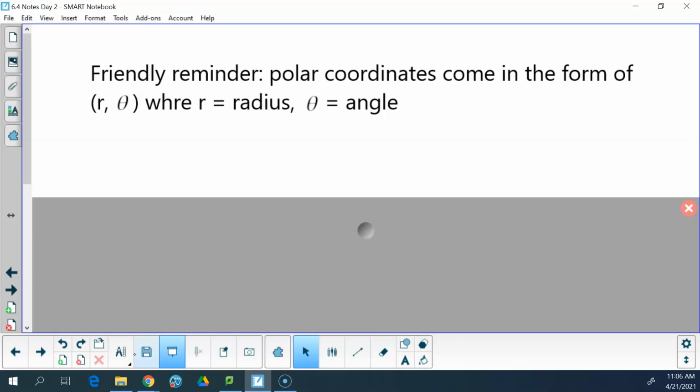Batman is x comma y. We go horizontally a certain distance, then we go vertically a certain distance, and that gives us our point. In polar, we have that distance that it takes to get from the pole to the point, and the angle, the trig angle to get to that. So that's what we're thinking.